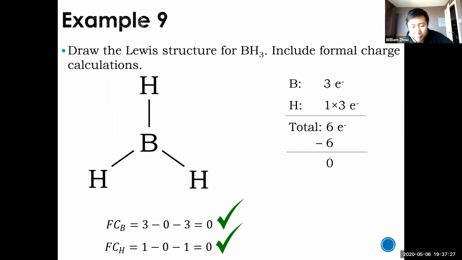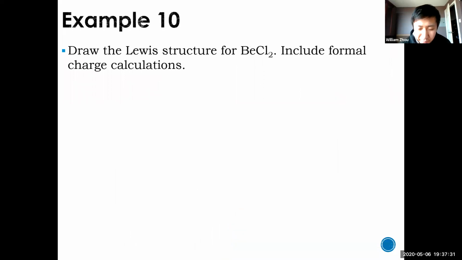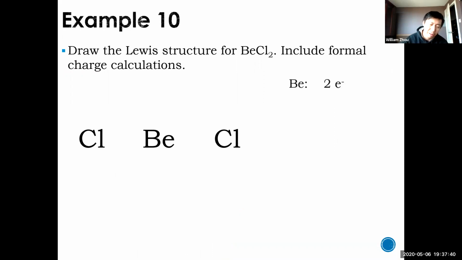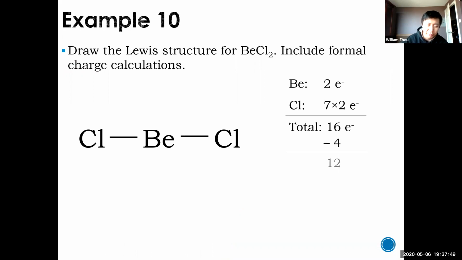All right, and the last example for this lesson, beryllium dichloride. Beryllium has to be in the middle because chlorine has really high electronegativity. Beryllium has 2. Chlorines have 7 times 2, 14, plus 2, 16. You connect them, so you use 4 and have 12 left.